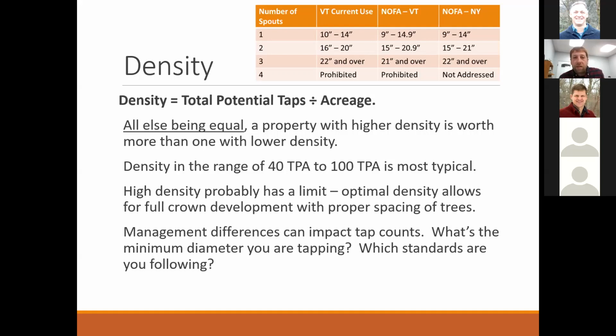So we're going to be counting 2 taps in each of those trees. Now, whether you put 2 taps in it or not is up to you, but to standardize some of this information, when we look at tap counts, we're using these metrics to determine tap counts so that we're getting more consistency in our comparisons. I think that helps to equalize some of these issues with larger average DBH over a sugar bush.